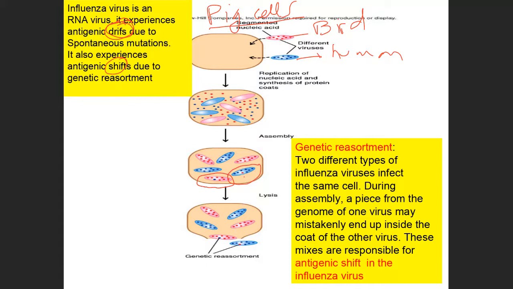On top of that, within a mixing vessel, we could have an antigenic shift. We can have one of these viruses take on a little piece of the DNA, or the RNA, sorry, of another type of influenza virus. Now, it could be that the bird influenza virus that has experienced a shift may now be able to infect a human.